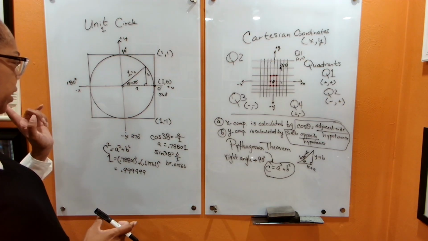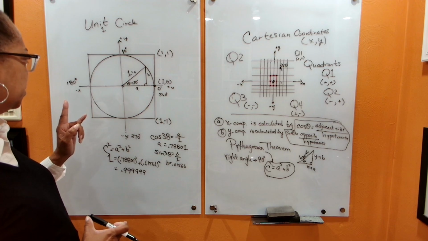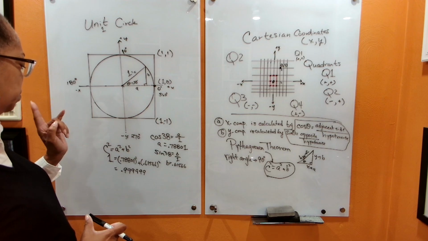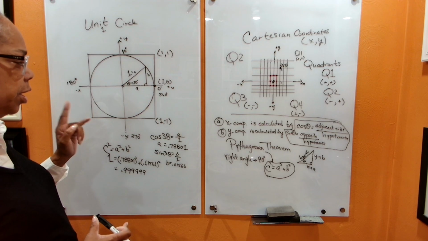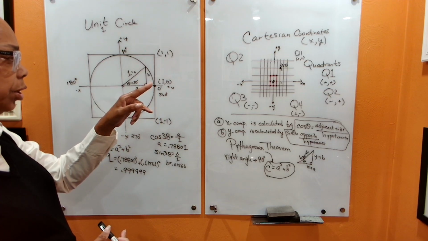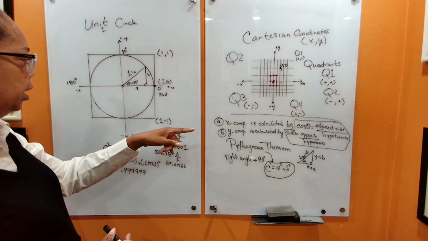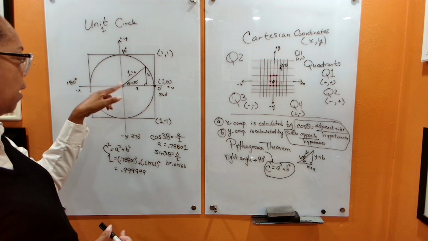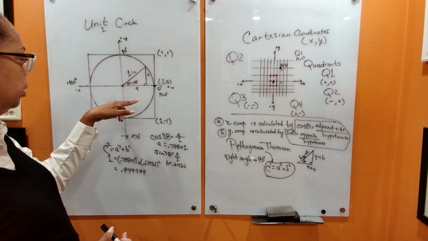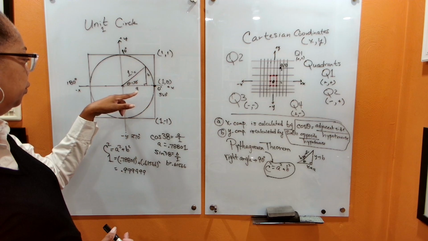There was one more thing I was about to mention. C squared, Pythagorean theorem. We started out over here. Cartesian coordinates. Cosines and sines. The ones and the minus ones, and so forth.